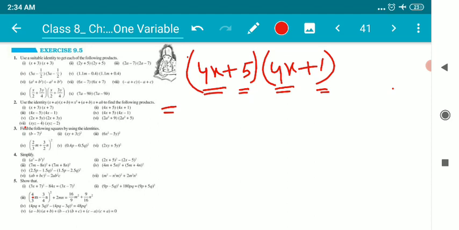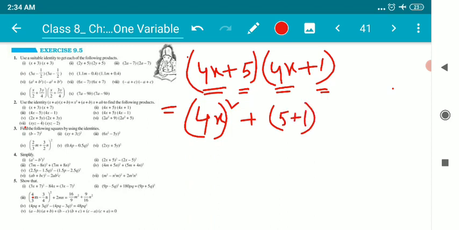So the calculation with the identity will be x squared, meaning 4x whole squared, because here x means 4x, plus, in bracket, a plus b, meaning 5 plus 1, multiplied by x, meaning 4x, plus ab, meaning 5 into 1. We are simply writing the identity over here.